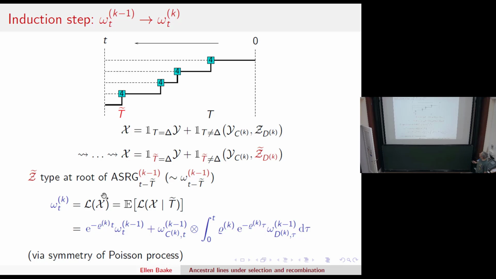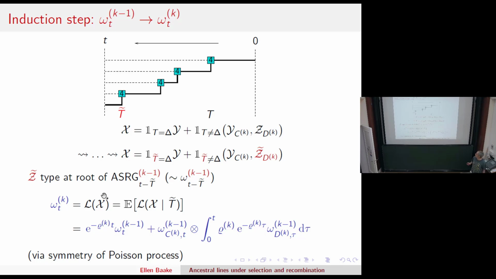So now you combine 2 things, the law of which you know, and this gives you immediately your solution in recursion k at time t, namely the law of the x.